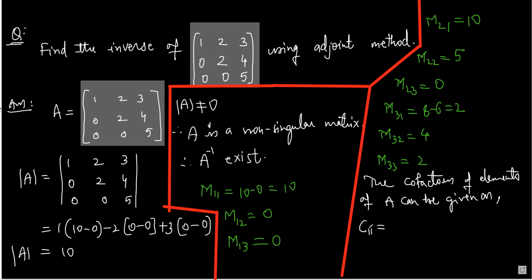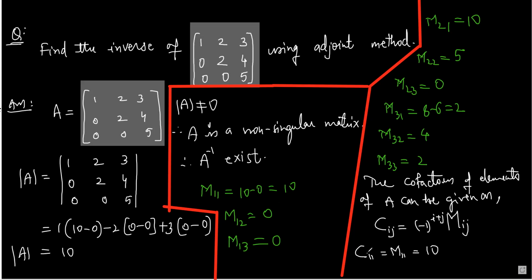Okay, first of all, I will write the formula. The formula is Cij is minus 1 raised to i plus j into Mij. So C11: minus 1 raised to 1 plus 1, that is minus 1 raised to 2, that is 1. 1 into M11, so absolutely no change. So C11 is M11, which is 10.